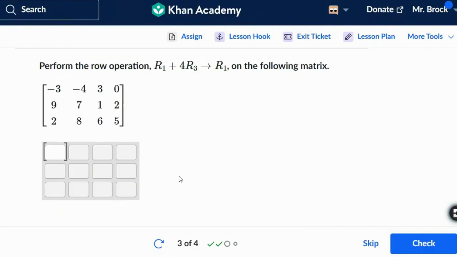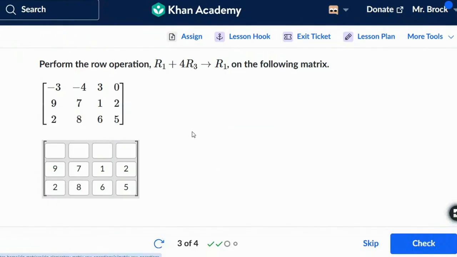Next question. Ooh, this one's tricky. The new row 1 is going to be row 1 plus 4 times the third row. So second and third row don't change. But what's the new row 1? Row 1 plus 4 times row 3.